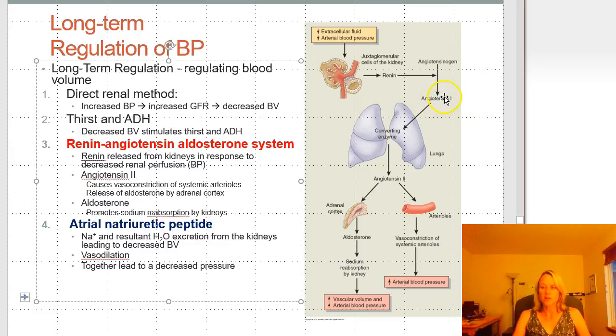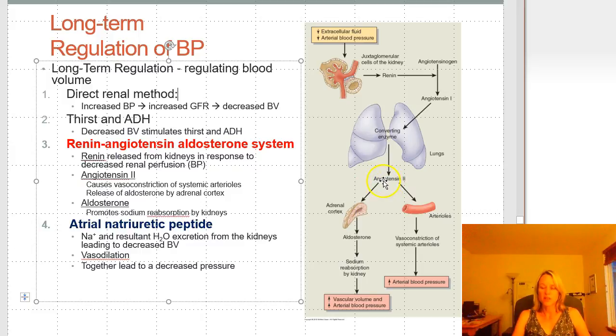Angiotensin 1 goes through the bloodstream and comes into contact with angiotensin converting enzyme within the pulmonary capillaries of the lung. ACE, or angiotensin converting enzyme, converts angiotensin 1 into angiotensin 2.